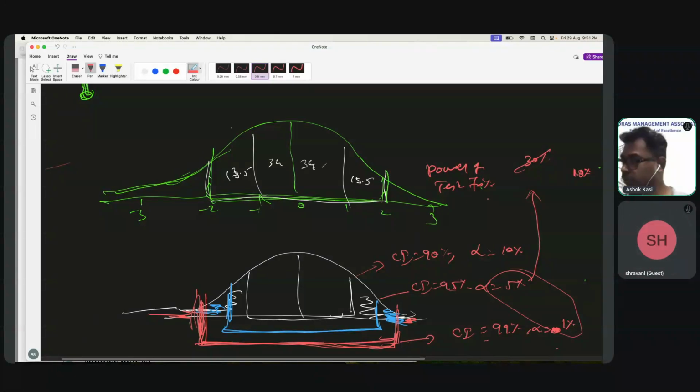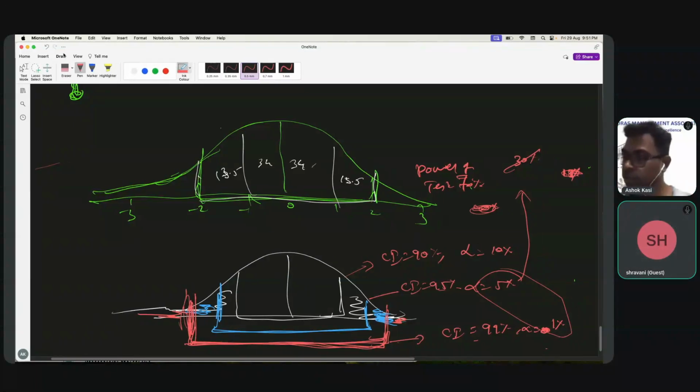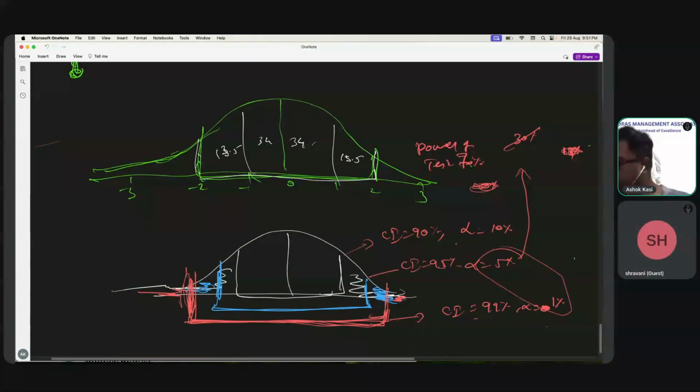So your power of test will go up to 90%. No, one minute. I think it's the other way around. I said something incorrect now. Wait. First one, if I say 30%, power of a test is 70%.